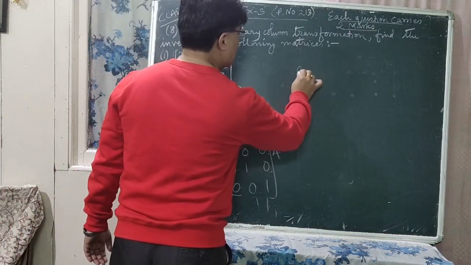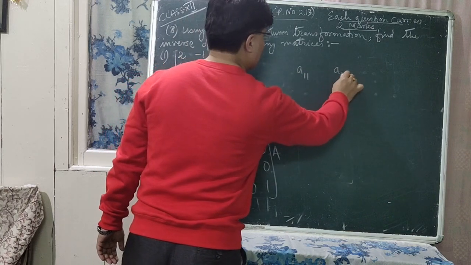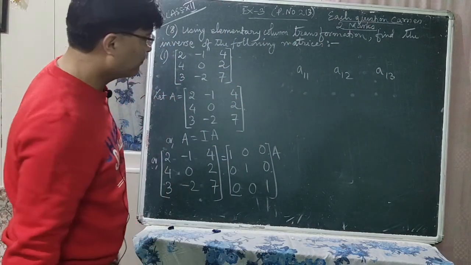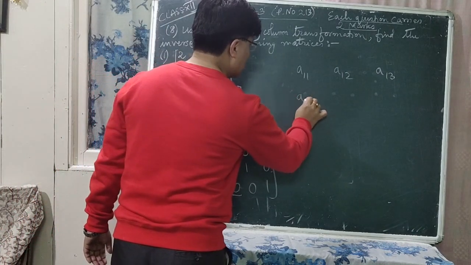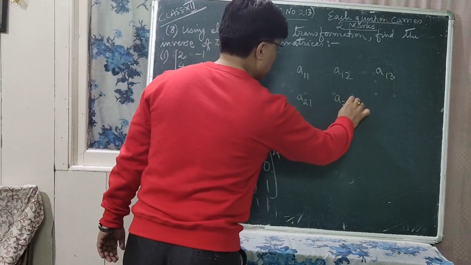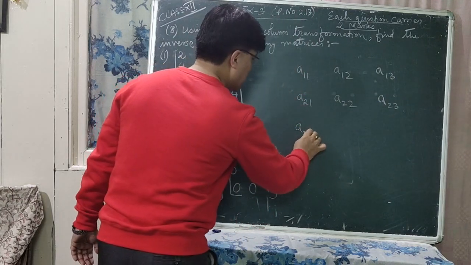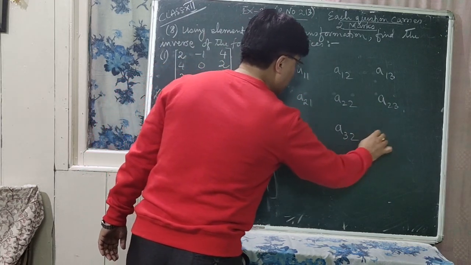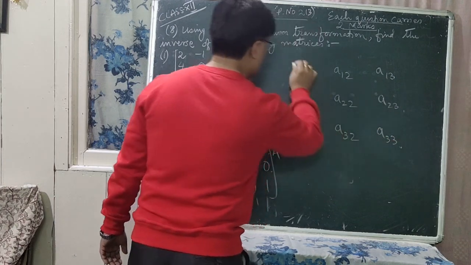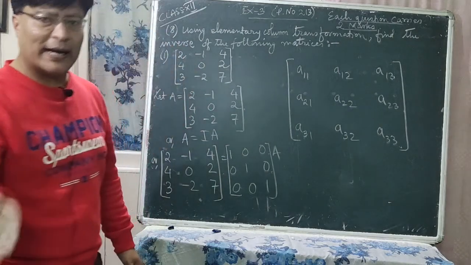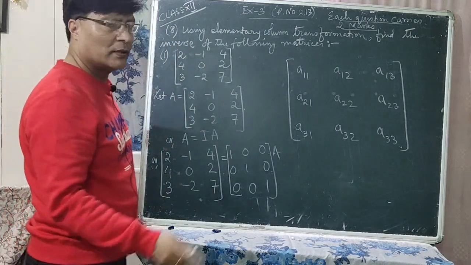Suppose this is A11, A12, A13, the first row; then the second row A21, A22, A23; then A31, A32, A33. Now how can you convert this given matrix into identity matrix?